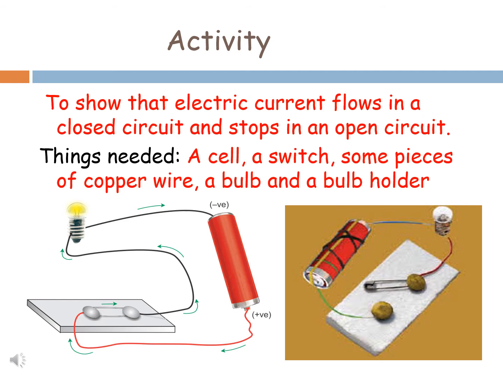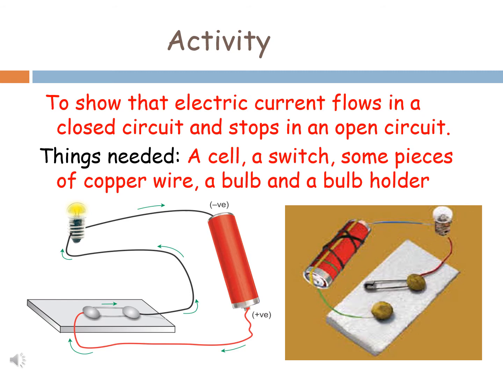First we have to connect the positive terminal of the cell with one end of the switch with a wire, and then the other end of the switch is connected to one end of the bulb holder with another piece of copper wire, and the negative terminal of the cell is connected to the other end of the bulb holder with a copper wire.